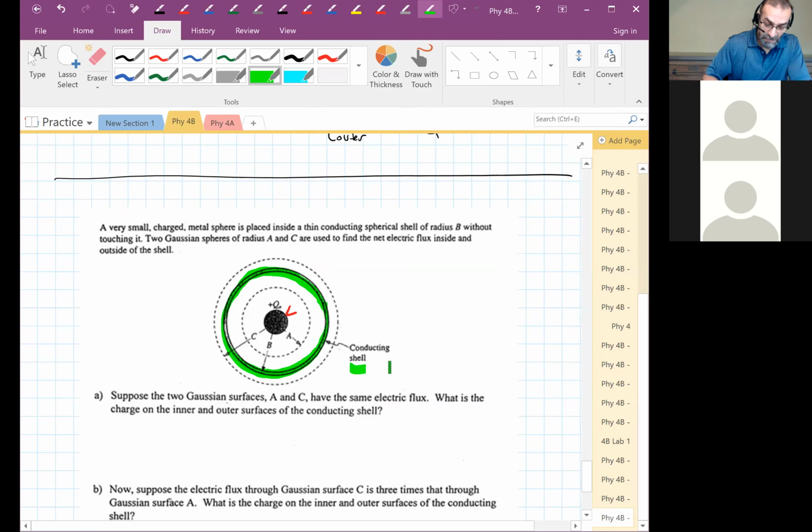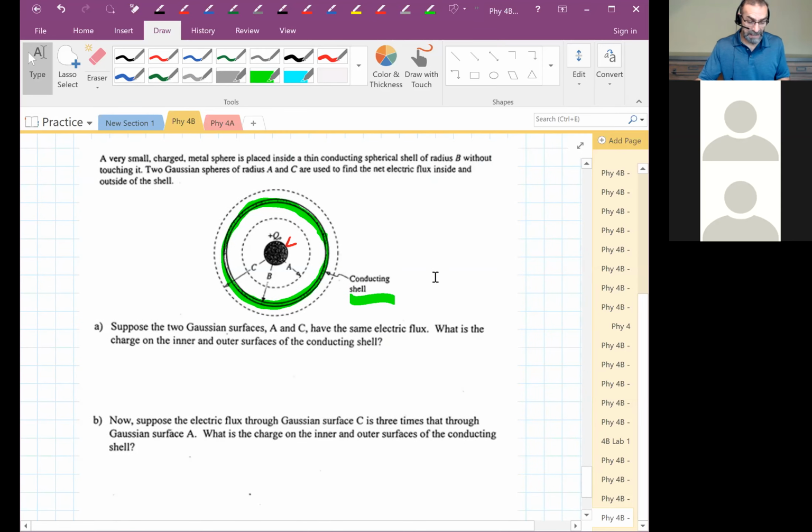That's our conductive shell. And then these two dashed lines are Gaussian spheres. It's a spherically symmetric charge distribution. So in A, it says the two Gaussian surfaces A and C have the same flux.